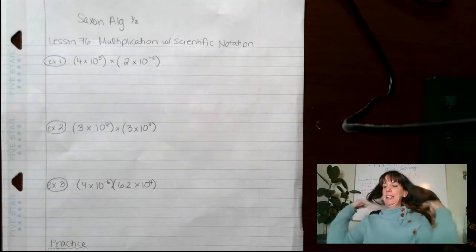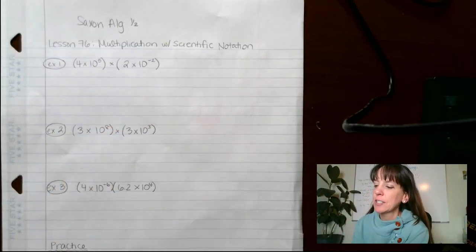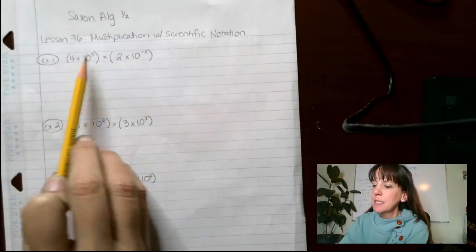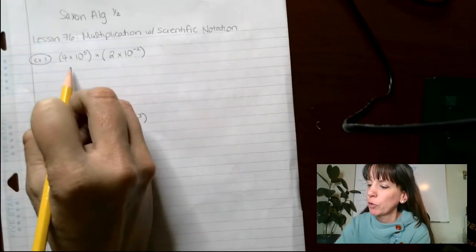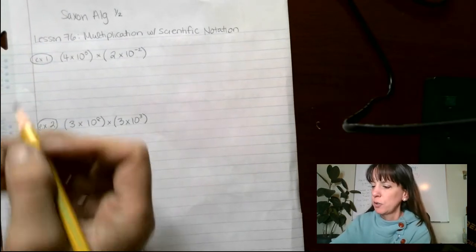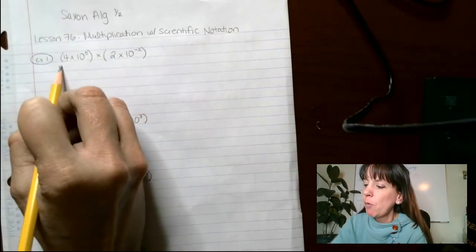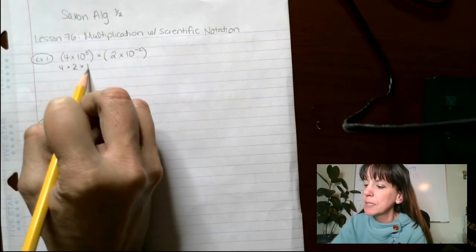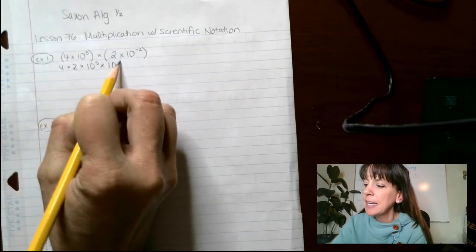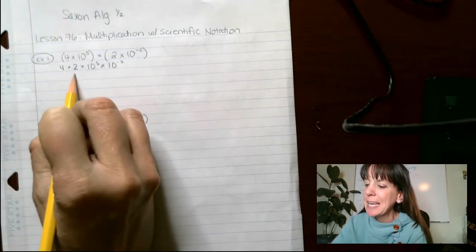Okay, so for this one, we're multiplying this times this times this times this. So let me reorder that for you so you can kind of see. We get 4 times 2 times 10 to the 5th times 10 to the negative 2. 4 times 2 we know is 8.